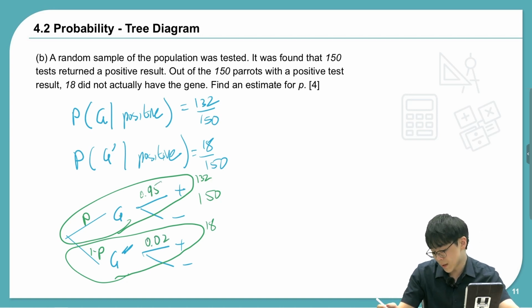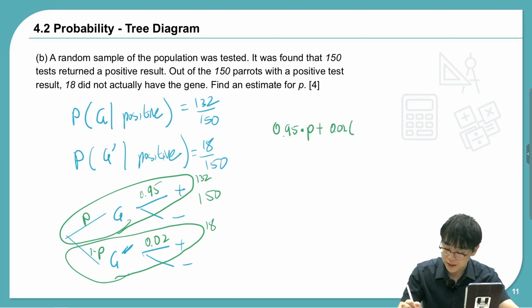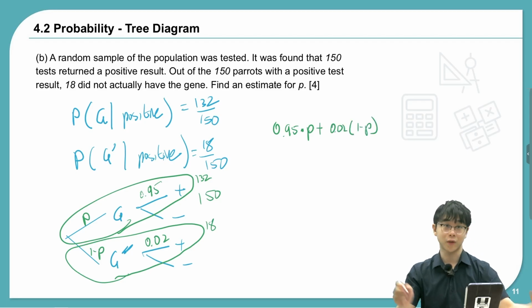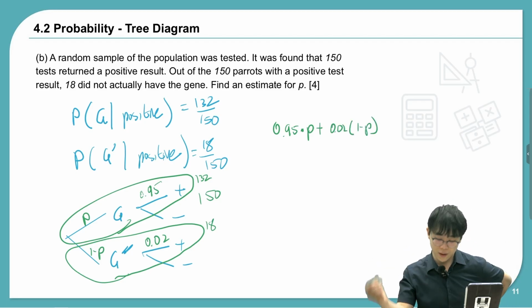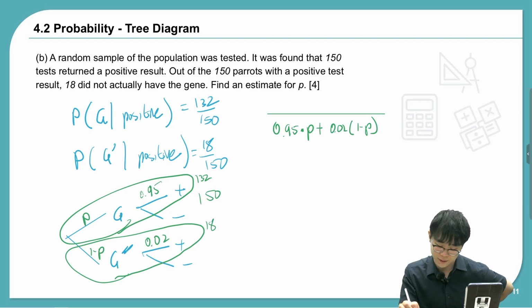The total number of parrots would be 0.95 times P plus 0.02 times 1 minus P, right? So this would be the total number of parrots who got a positive result regardless of whether they actually had the gene or not. But then the parrots that correctly got the result would be the P parrots times 0.95.